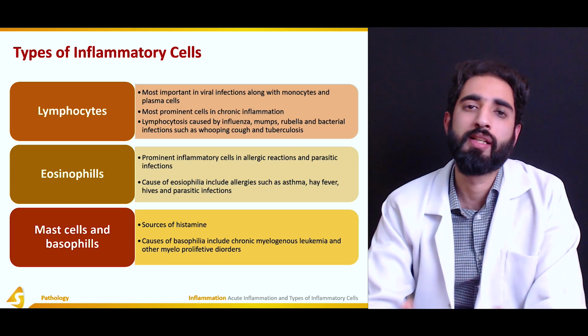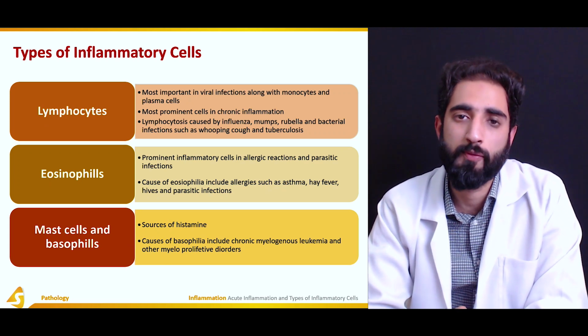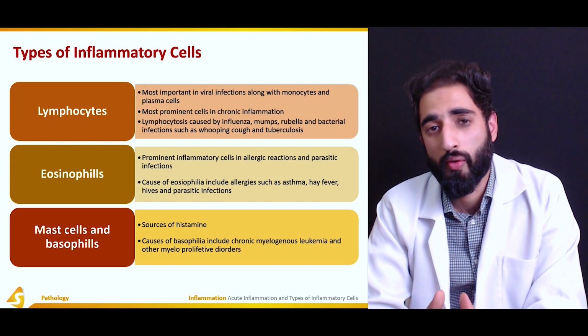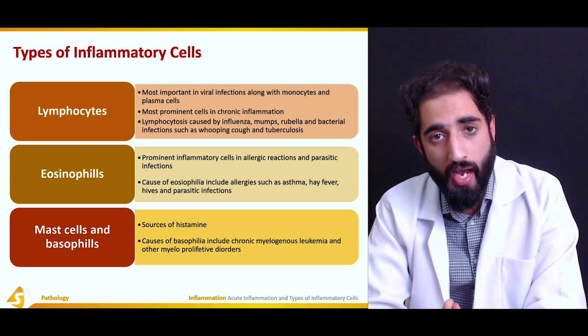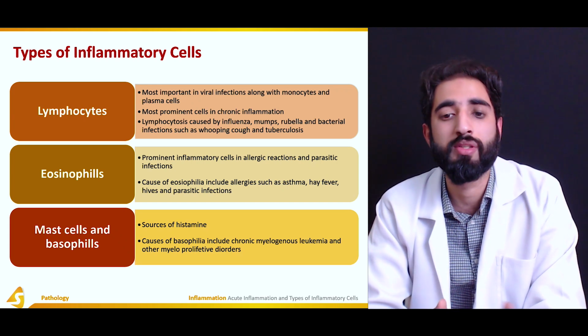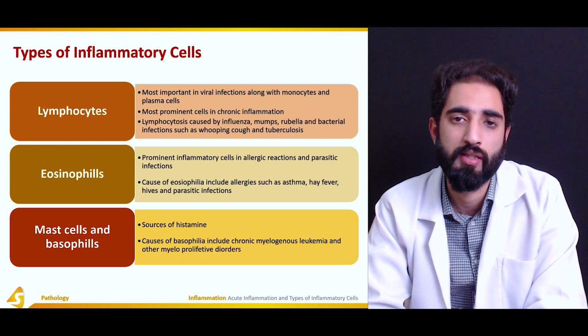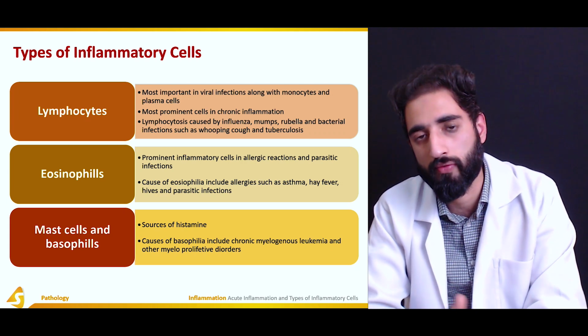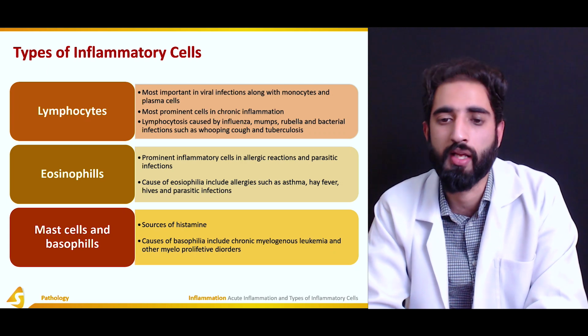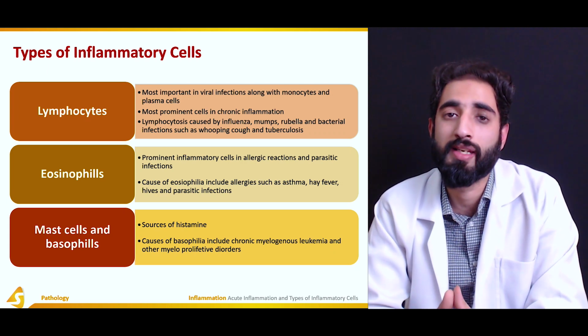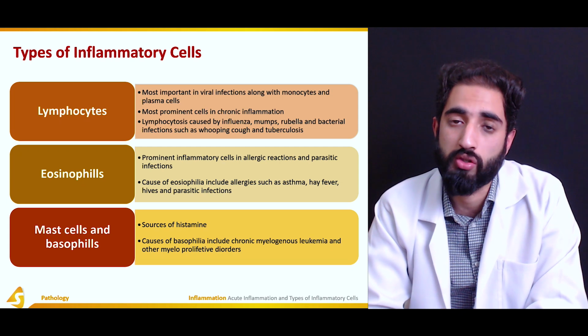The third type of cells that we're going to talk about are the lymphocytes. So they are the most important cells in viral infections, along with monocytes and plasma cells. Monocytes are actually those macrophages that we just talked about in the previous slide. And these are most prominent, especially in chronic inflammation as well.